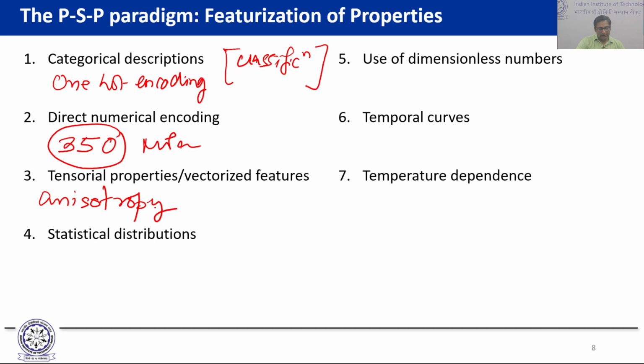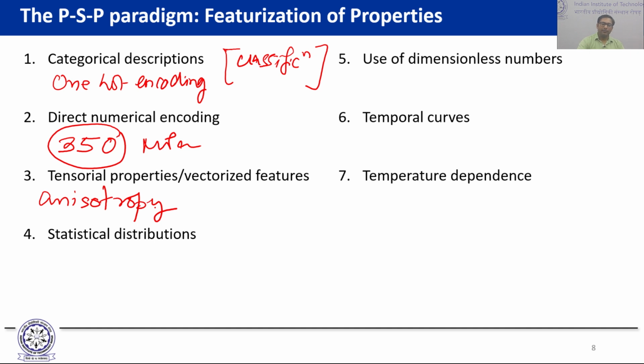Statistical distribution, again, you might be having a microstructure which is not perfectly homogeneous, and then different regions of the microstructure may have different concentrations of different phases. So on an average, how the values are changing in a given region. So you would be working with statistical distributions. You might be representing the variation of properties across the material in a statistical manner, and that might be another way in which you can train the models.